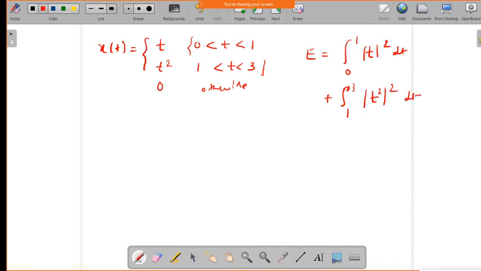So this will become t power 4, and integrate it, you will get the value of the energy. Like that you have to find the energy of the signal, and similarly you can find the power of the signal also.